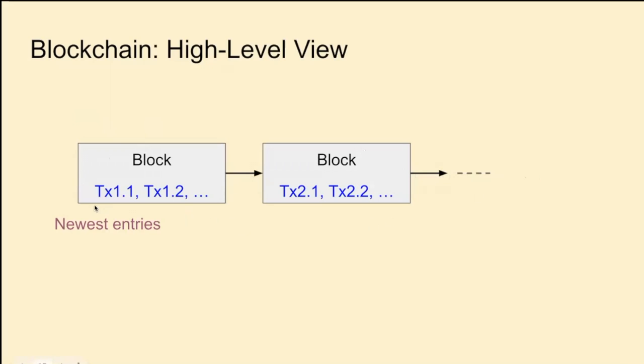I will generically call the things in a block transactions. So the first block in this chain contains maybe transaction 1.1, transaction 1.2, some number of transactions. The second block contains some number of slightly older transactions, not necessarily the same number. But at a high level, a blockchain is just this list of groups of transactions.